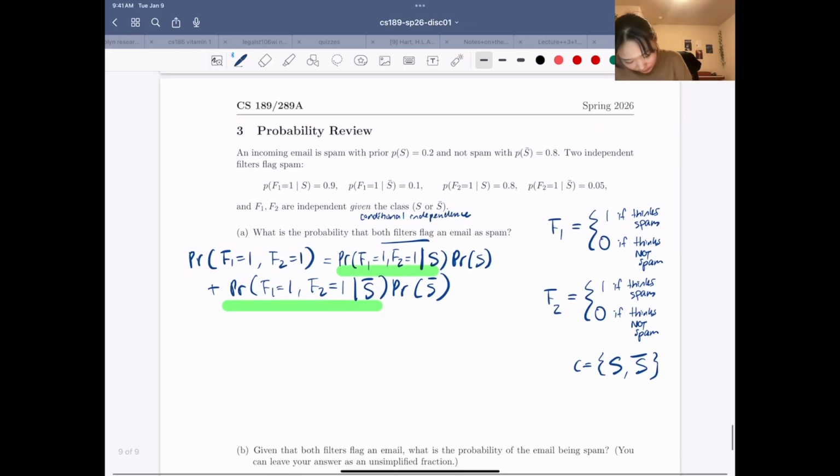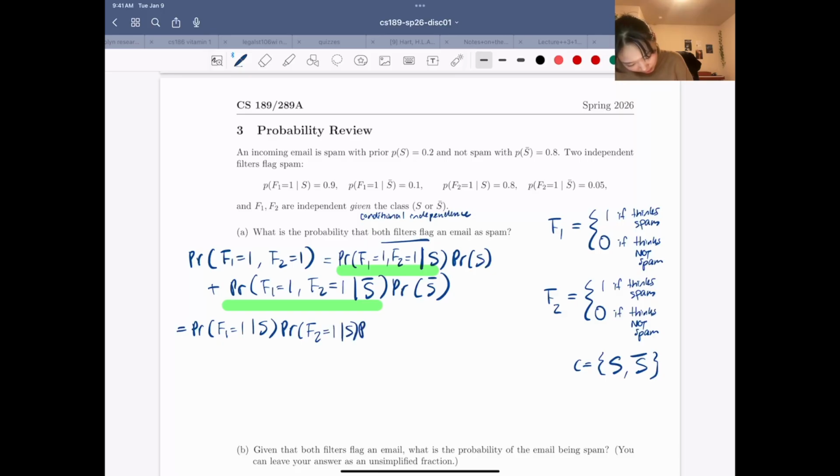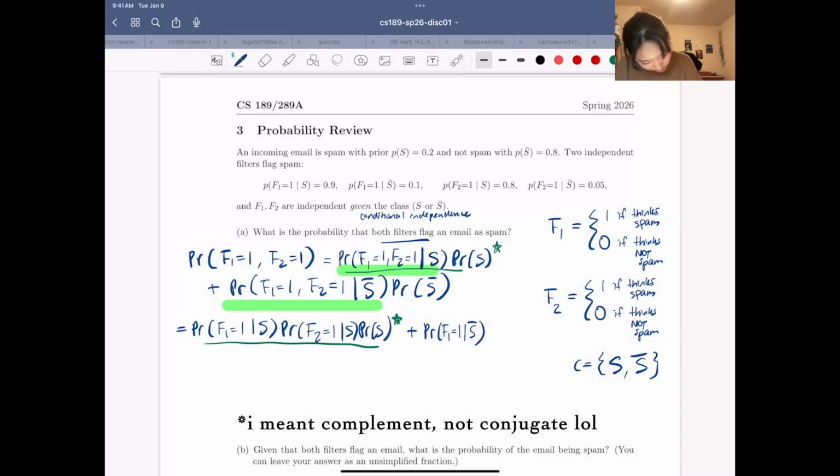We can simplify this to be equal to the probability of F1 = 1 given S, times the probability of F2 = 1 given S, times the probability of S. This is the first little equation, and then we add it to the second half, which is the probability of F1 = 1 given S conjugate, times the probability of F2 = 1 given S conjugate, times the probability of S conjugate.